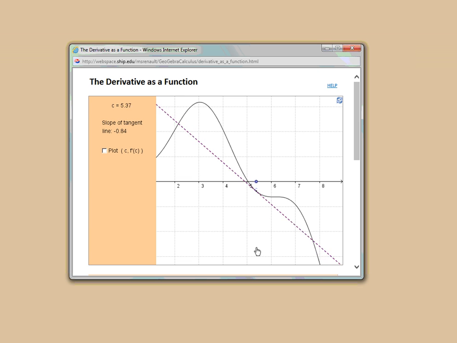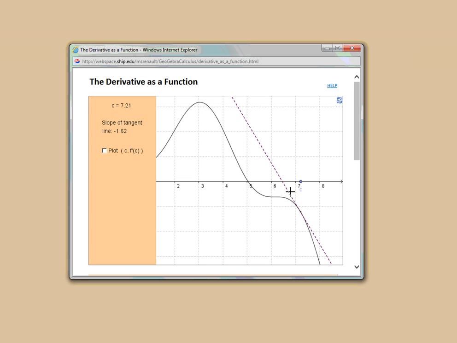Now it's starting to increase again. So at this particular point, we can see that it's slightly negative there, and at that point there, so right at that particular point, the gradient is 0, and if I keep moving the point, you can see that it becomes negative again.